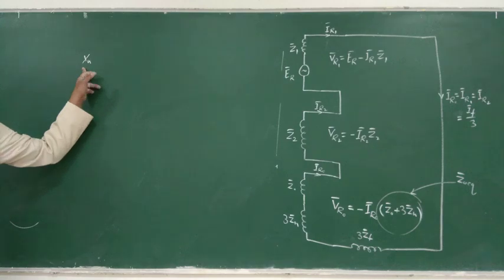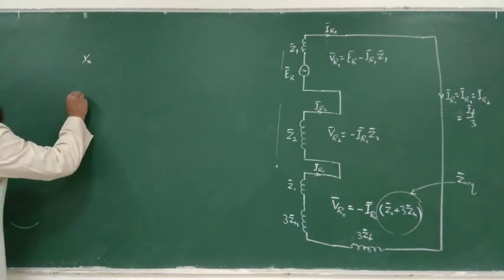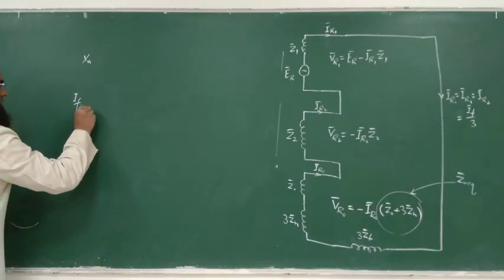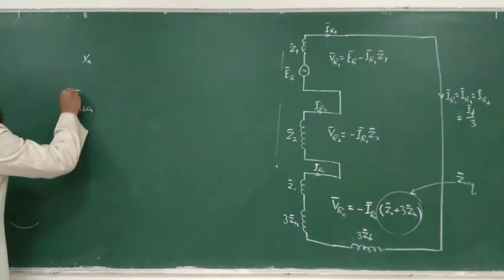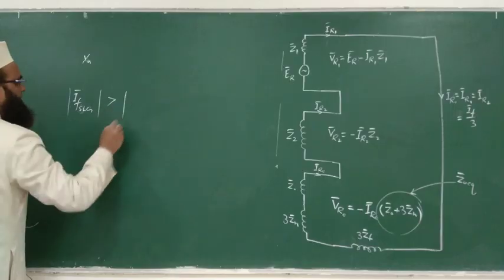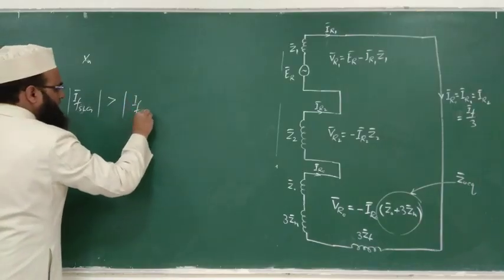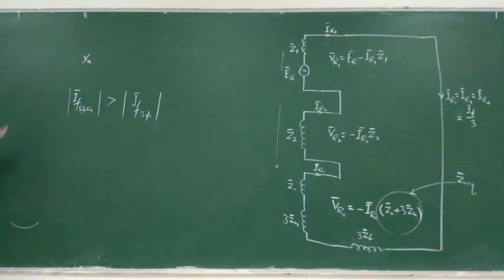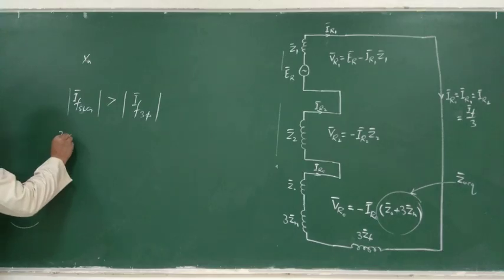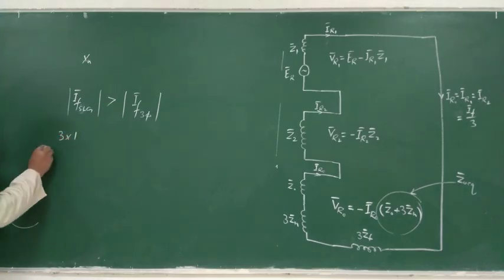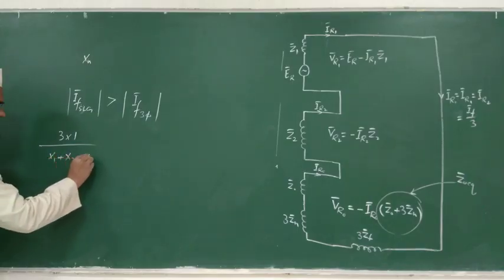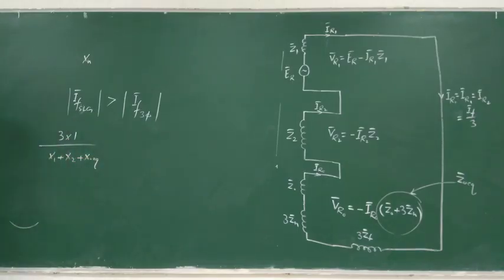So find the value of Zn or condition on Zn so that the magnitude of SLG fault is more than the magnitude of three-phase fault. So how to write that? You know the relation for this. In per unit you may write 3 into 1 upon, suppose this is, x1 plus x2 plus x0 equivalent, is not it?